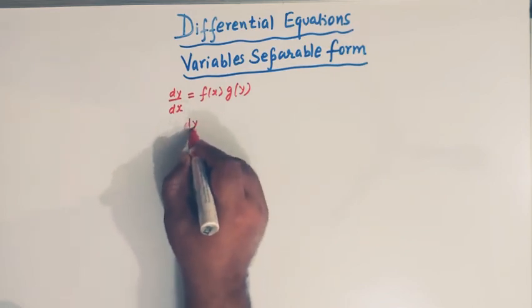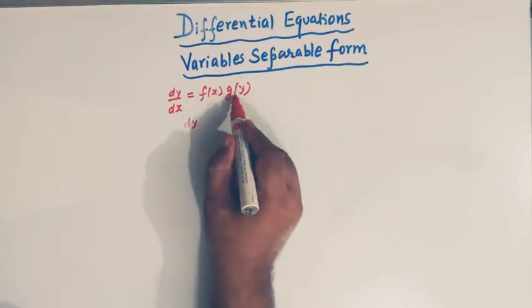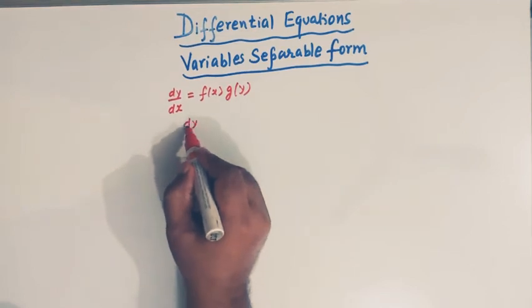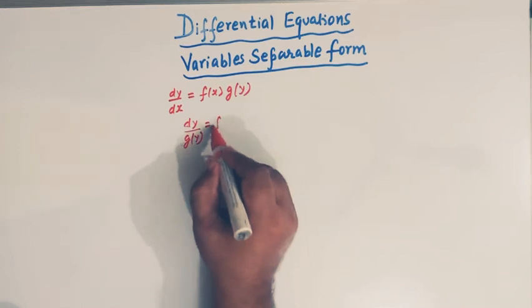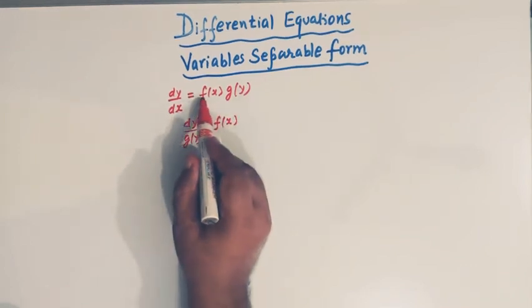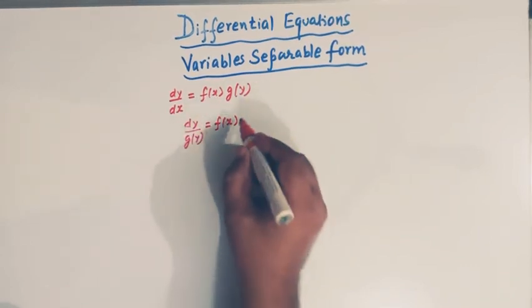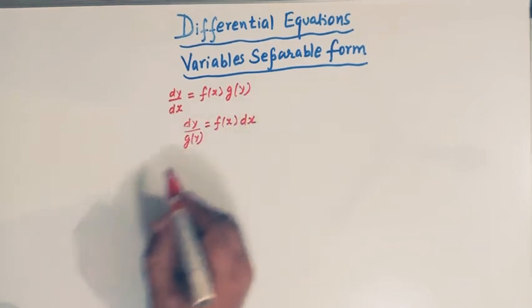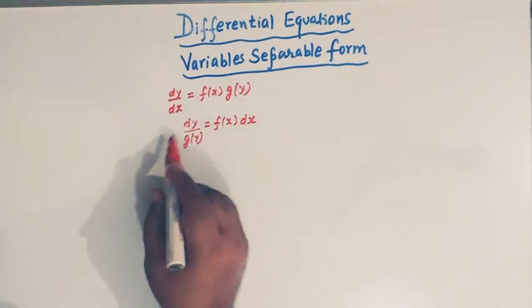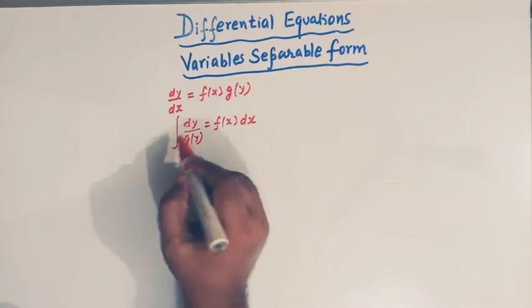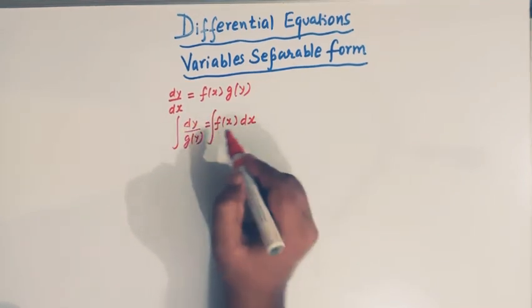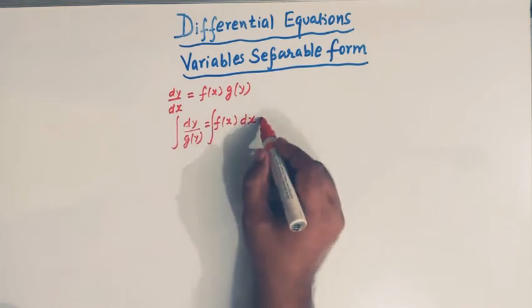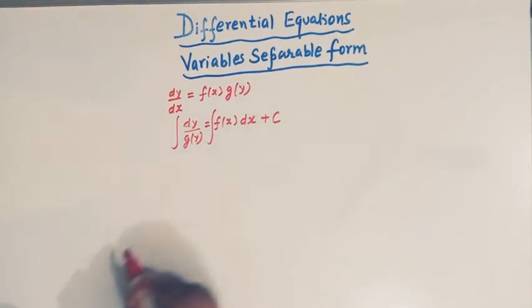It means we have to associate g of y with dy, and f(x) with dx, and then we will integrate both sides, with respect to y and with respect to x, and we'll have the constant of integration, right?